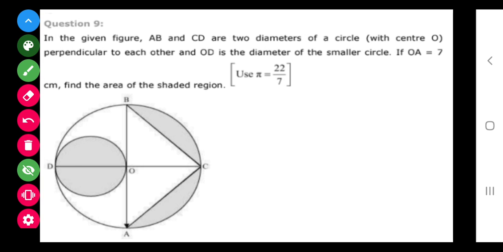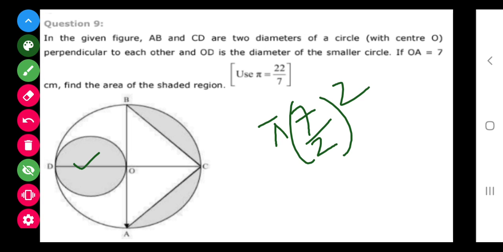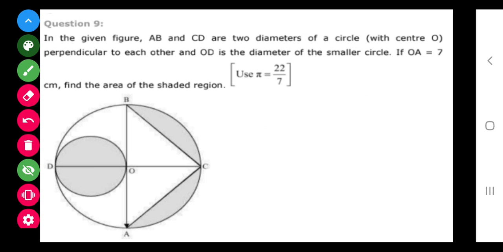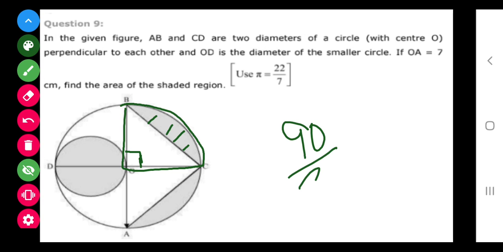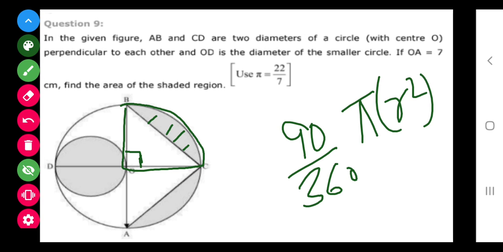Now we have got this. So if we have the radius of this circle, then we have got the area, pi times (7 by 2) square. That's it. Now talking about this area, if this is 90 degrees, then this completely is a quad, and we can find the area of the sector using 90 upon 360 pi r square.